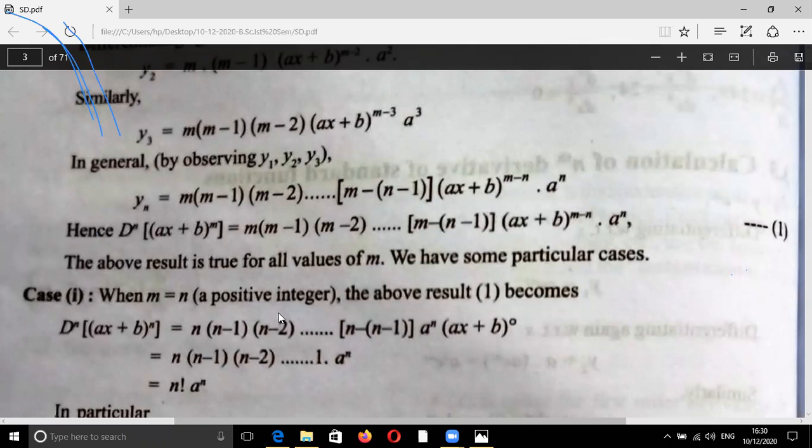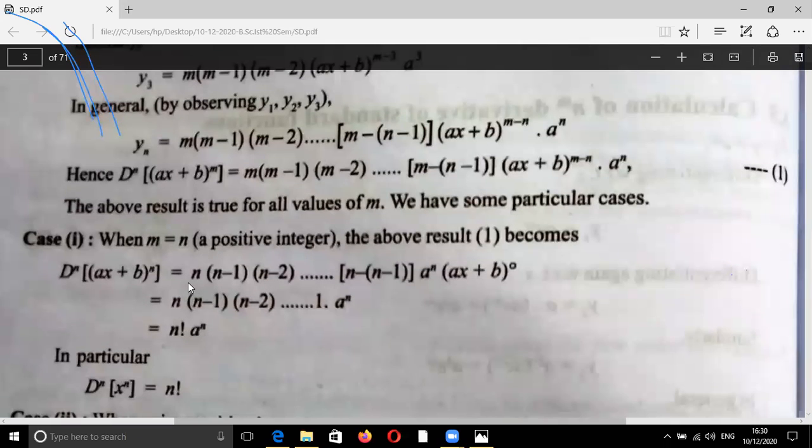You just see one by one here. First case is when m is equal to n, a positive integer. Now equation 1 will become, wherever m is there, you replace it by n. Either you can write m or you can write n, no problem, because m is equal to n.